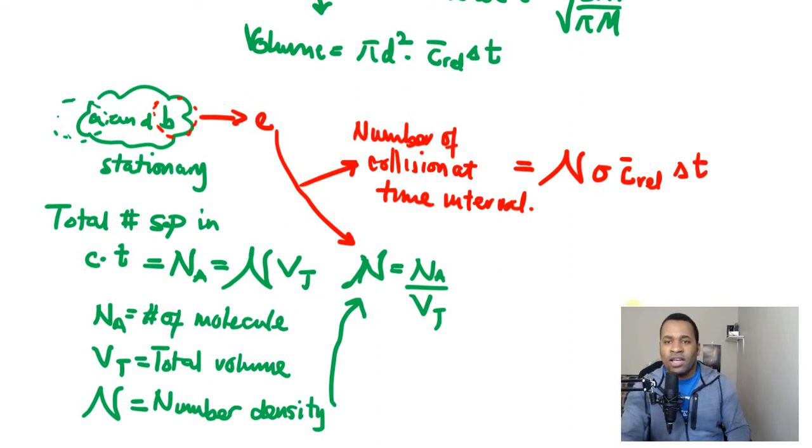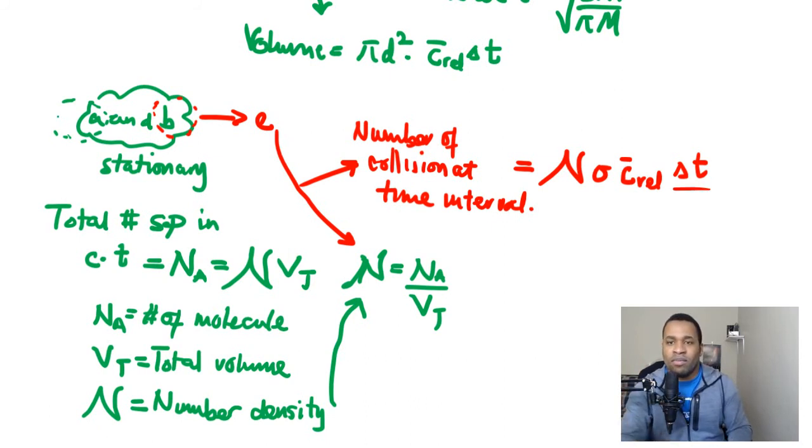So therefore, in this particular expression where we've determined the number of collisions at a time interval, we are going to take apart a specific segment of the expression, which will be an indication of a relationship between the number of collisions and per time.